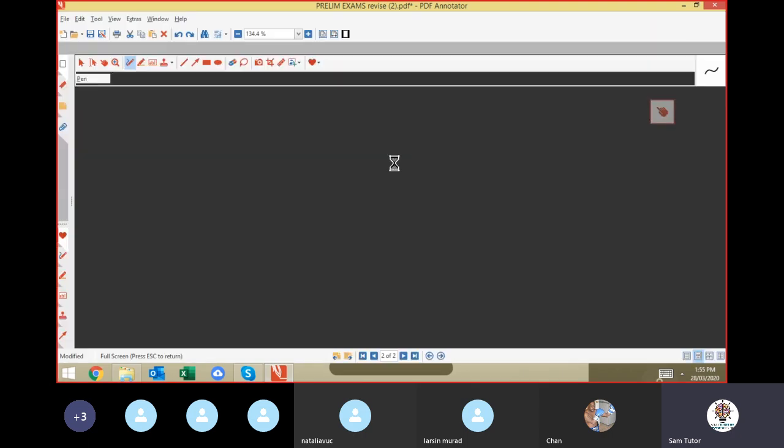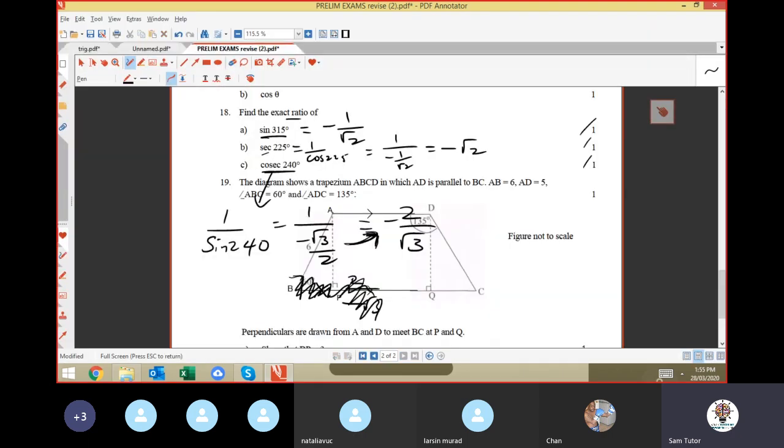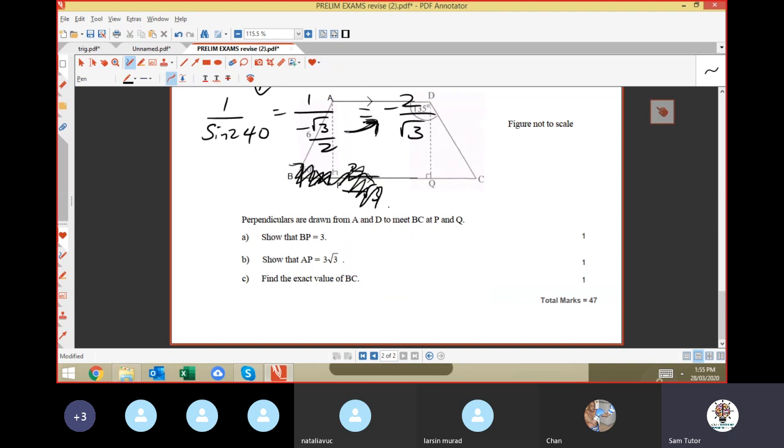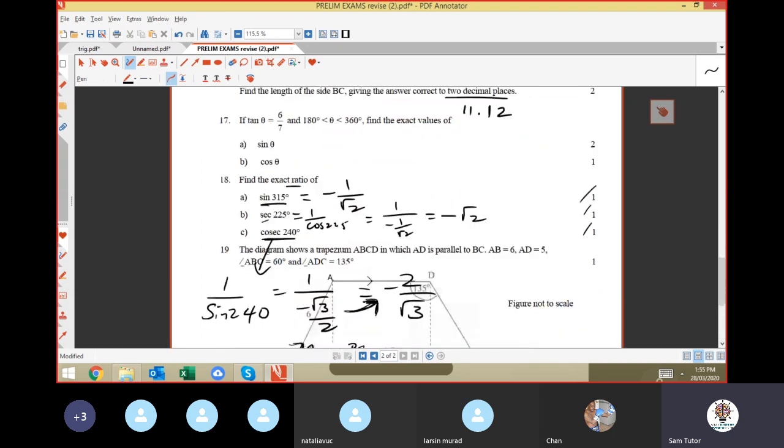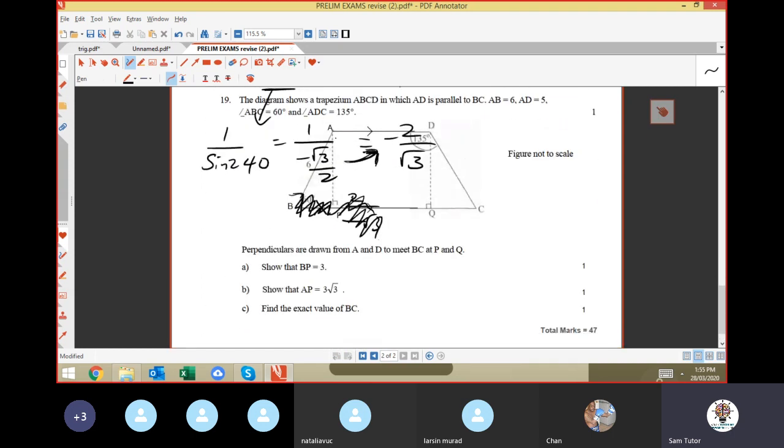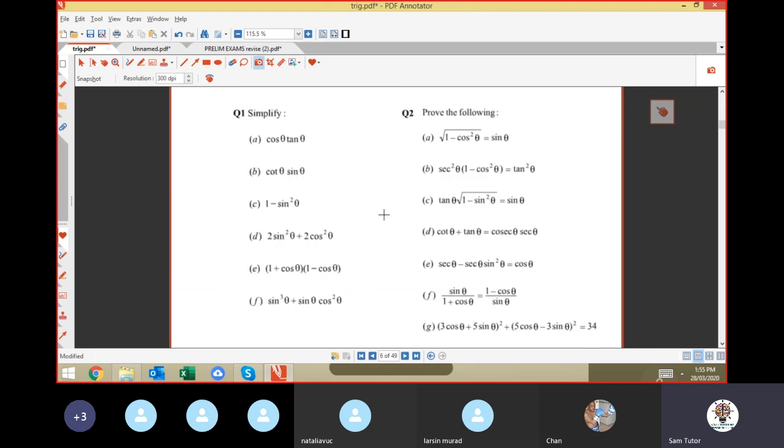I just realized something rather unique, actually. Look at this last question that they've given in this particular exam. Look at the question, show that BP equals 3, whatever. Maybe the angles are a little bit different, but look at my question that I've got.